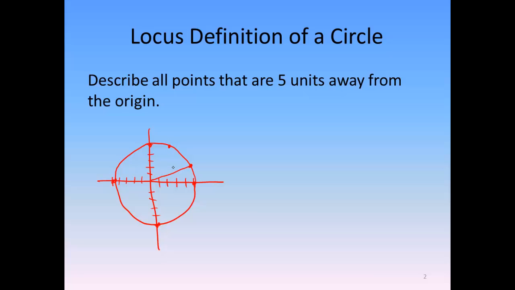This dot is 5 units away, this dot up here, this dot over here, and this dot over here. So I want a way algebraically to describe every single one of these points, not just the 4 easy ones.